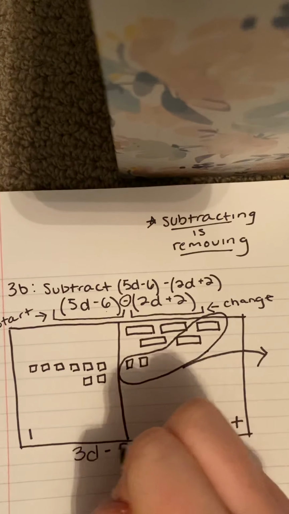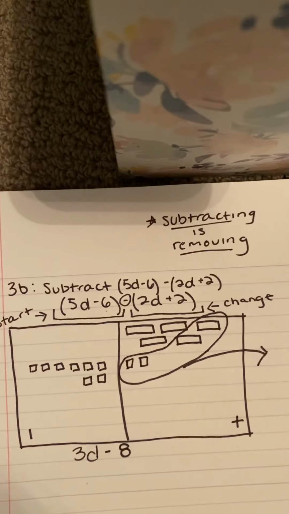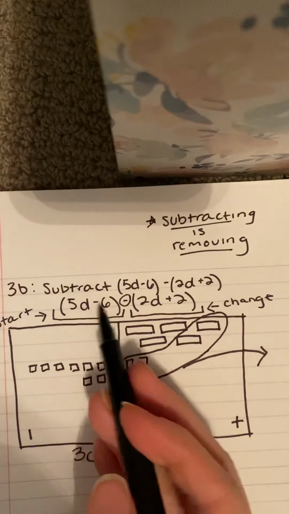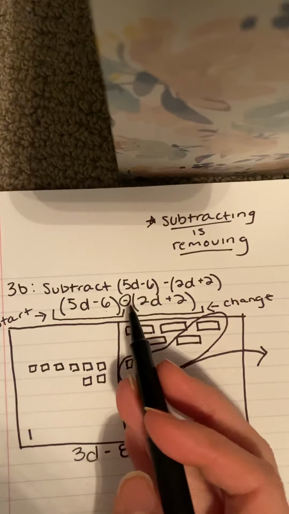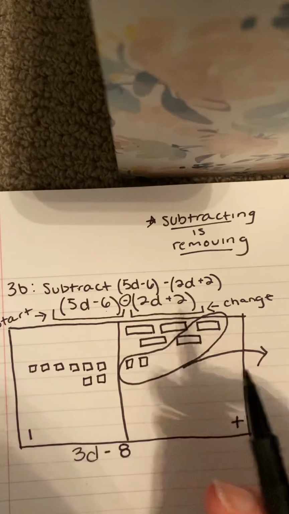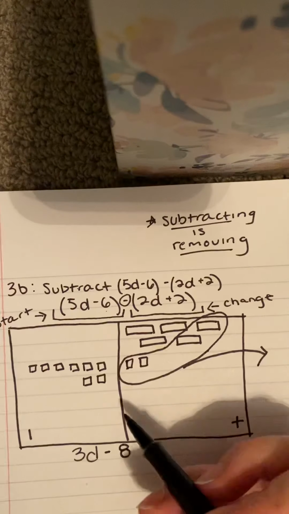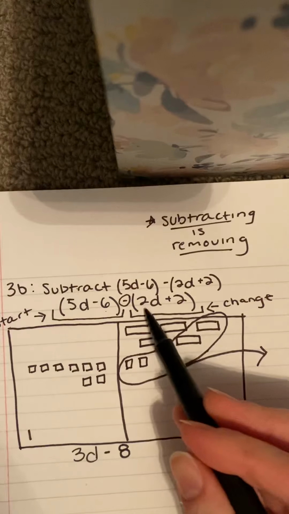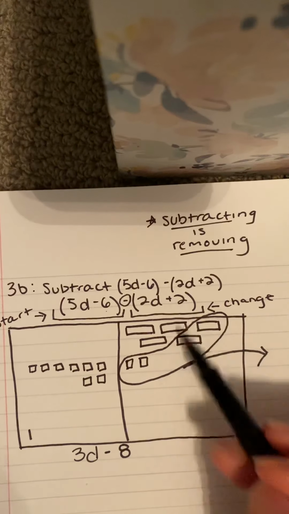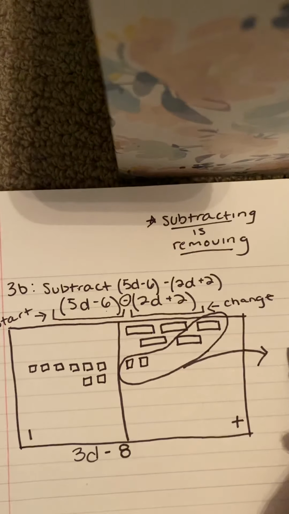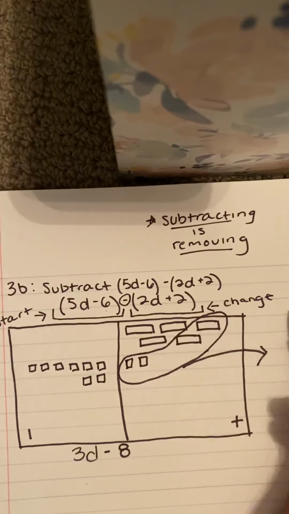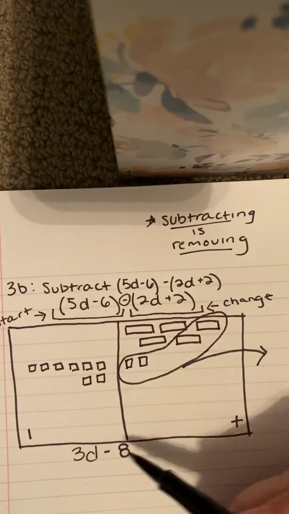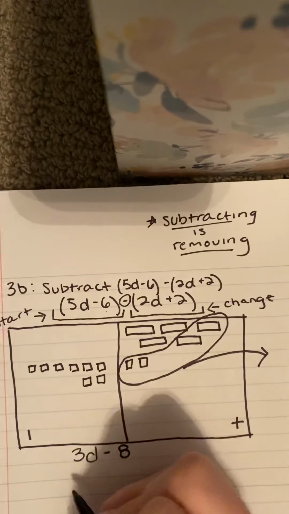So it'd be minus 8. So that's how we would represent starting with 5d minus 6 and subtracting 2d plus 2. So this is what we're left with on the mat, because we removed 2d, we removed 2. So that's completely gone. That's no longer represented. So now we have 3d minus 8. So that's the answer.